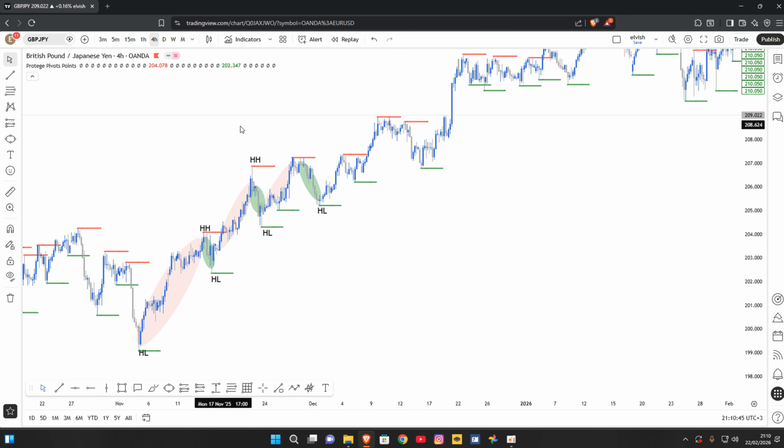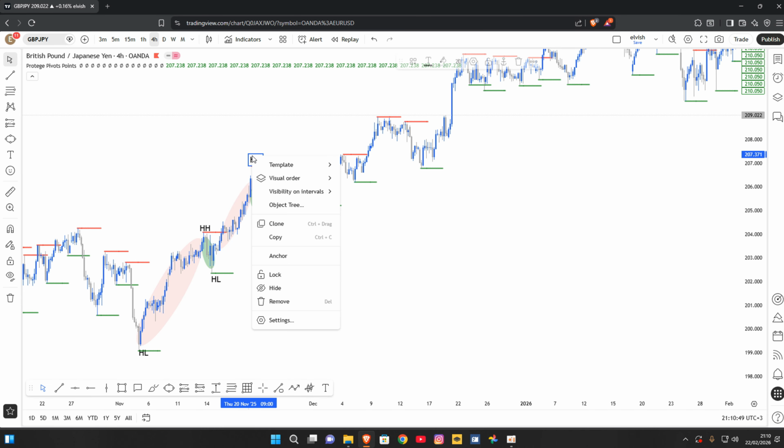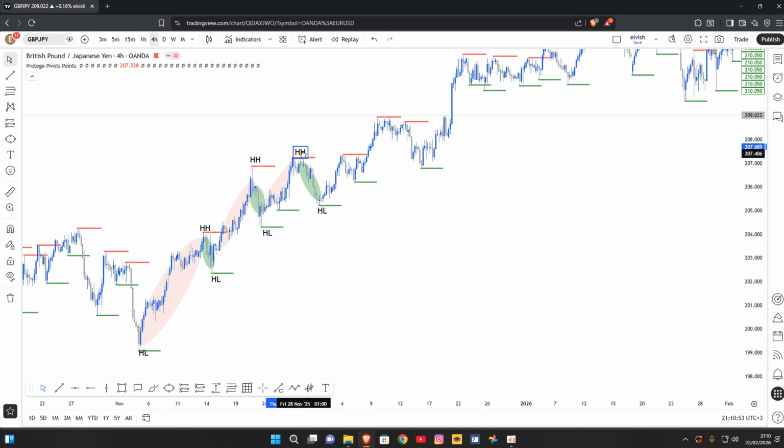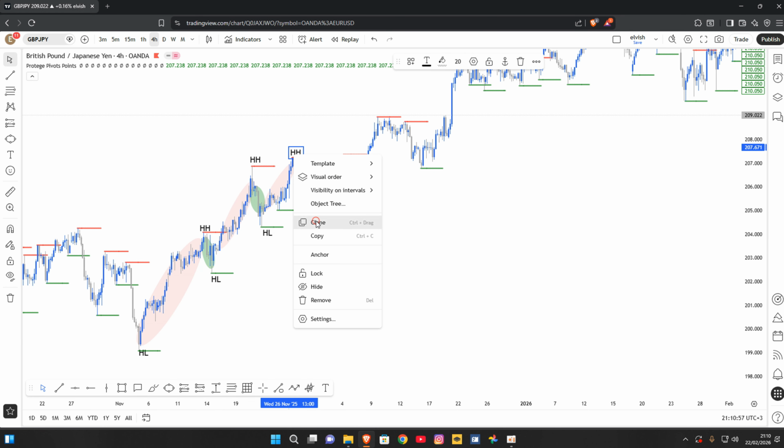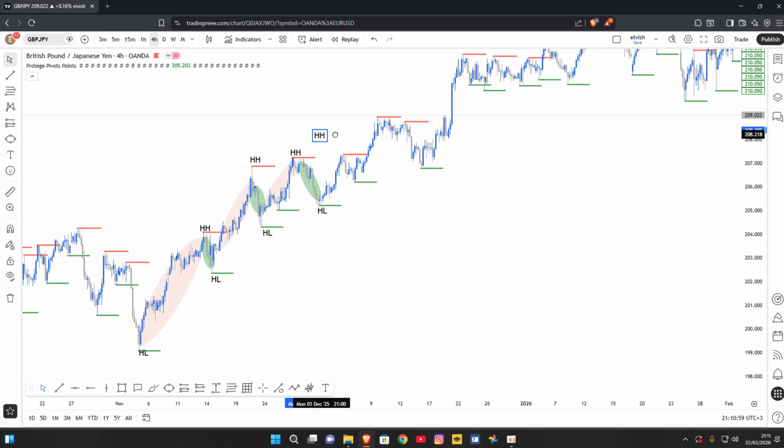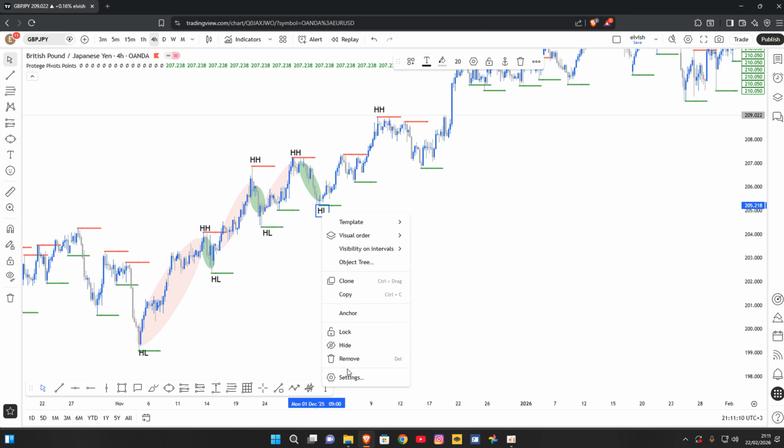Then what you need to do is just go identifying these levels over here, guys. Just keep putting in the work. This will give you a heads up on what you are looking for. Remember I told you to only look for a higher high that is higher than the previous high, then the higher low has to be higher than the previous one.